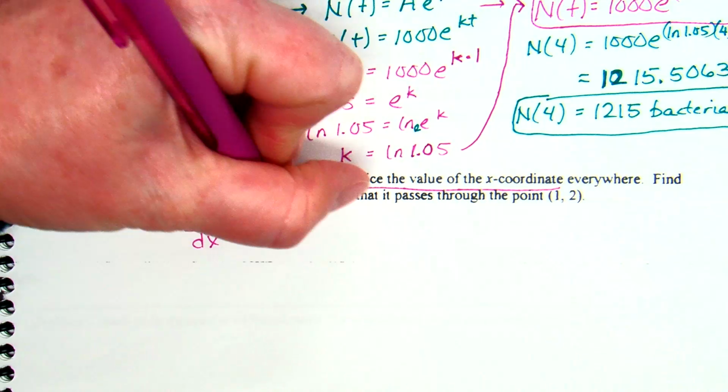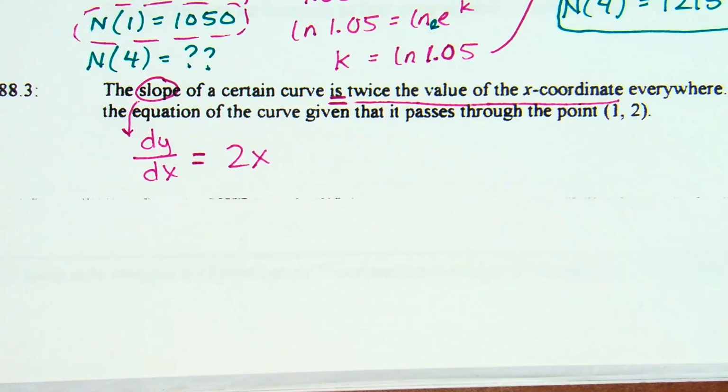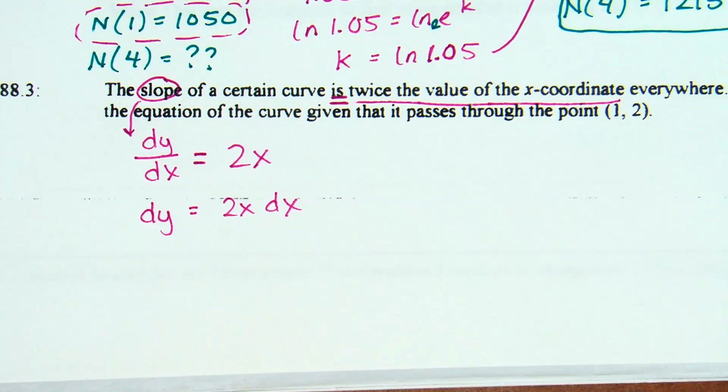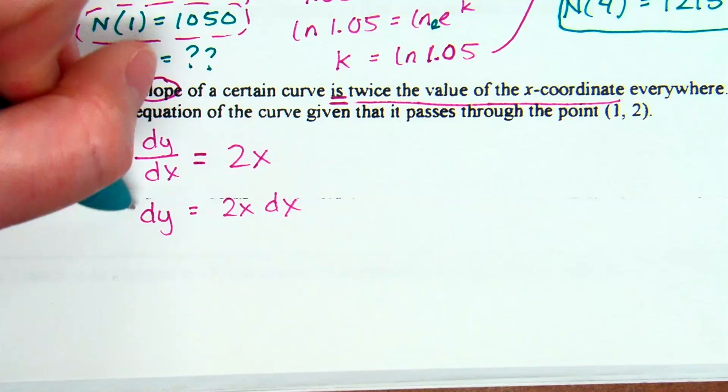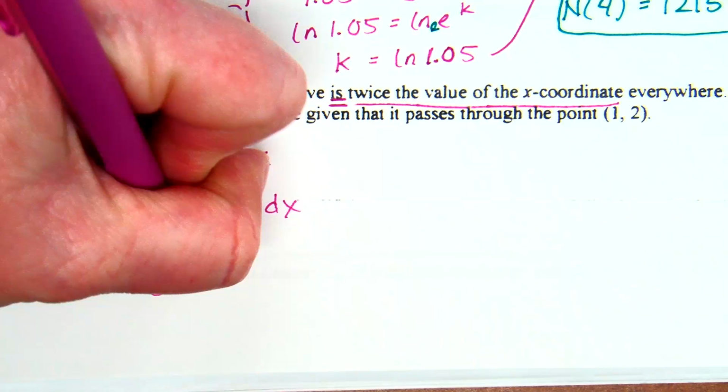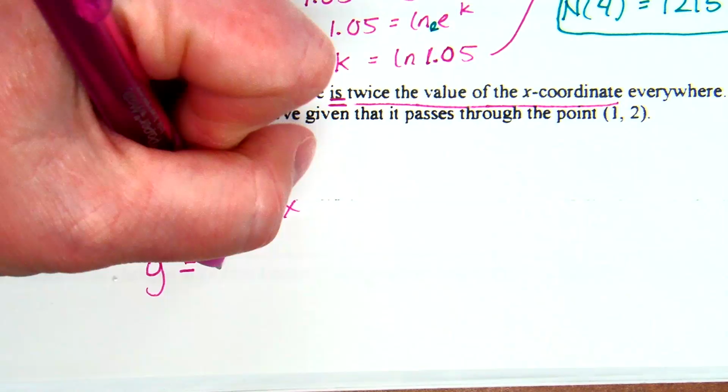So if we multiply the dx over, I'm going to have dy equals 2x dx. Then what? Okay, take the integral. The integral of dy is y. Integral of 2x. So y equals x squared plus c.